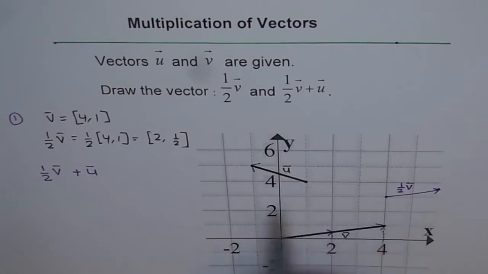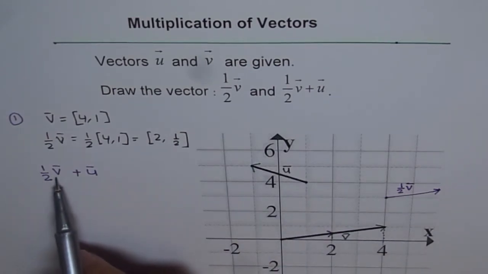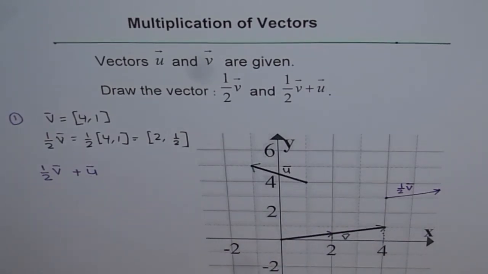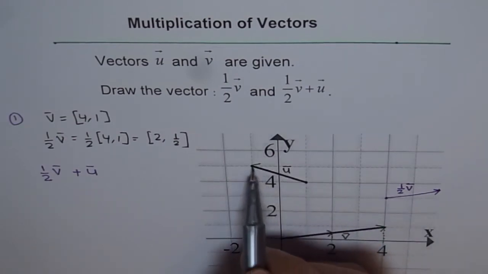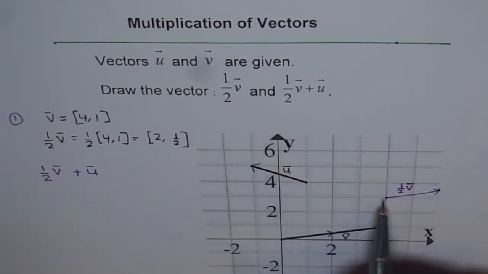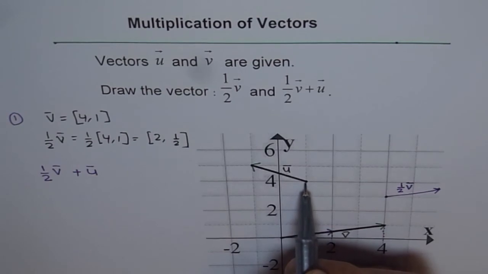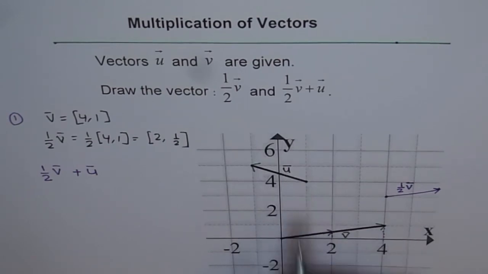So we will do that part. So first we'll draw half of v, and then on that we can draw u. So let me redraw it. I'll use this vector u itself, and I'll draw this vector before it, right? That could be one option.